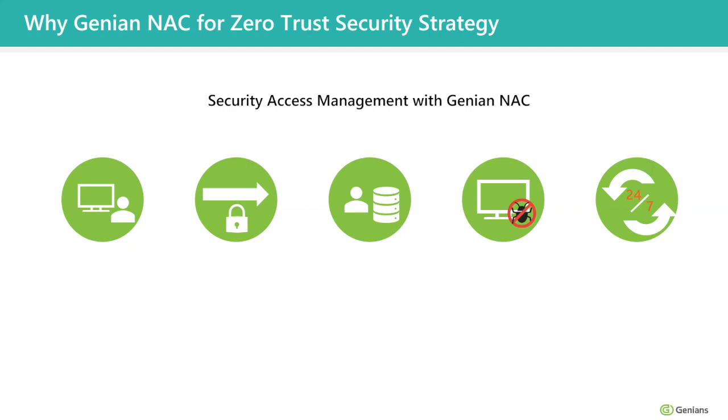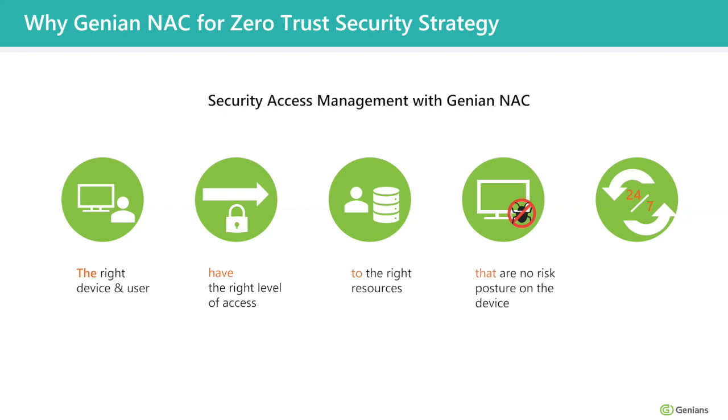So what I mean is, the right devices and users have the right level of access to the right resource, and there is no risk posture on the devices. And Genian NAC continuously monitors the device's status changing on the network.